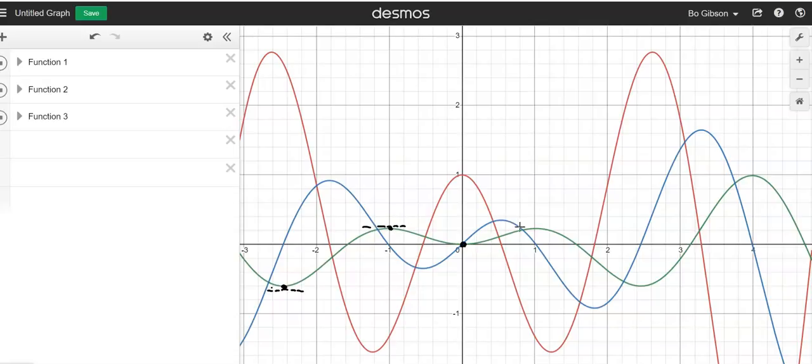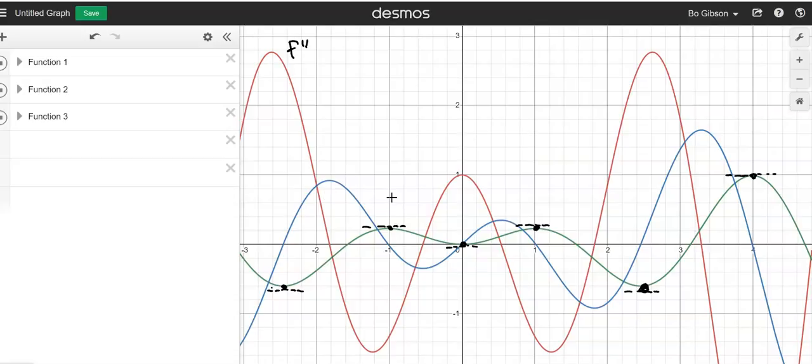Right there. Right there. Right there. Oh my gosh, I missed. Make my dot bigger. There we go. And right there. All right. So we know the red function is f double prime, or at least that's what makes sense right now. So that leaves the blue function.